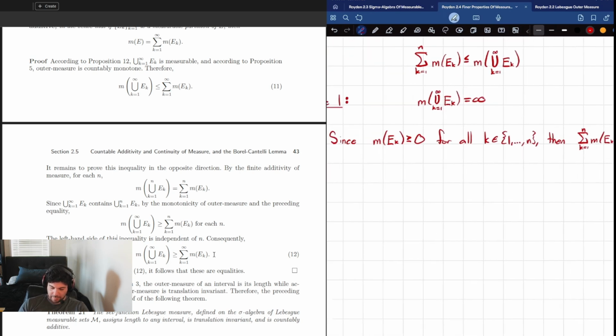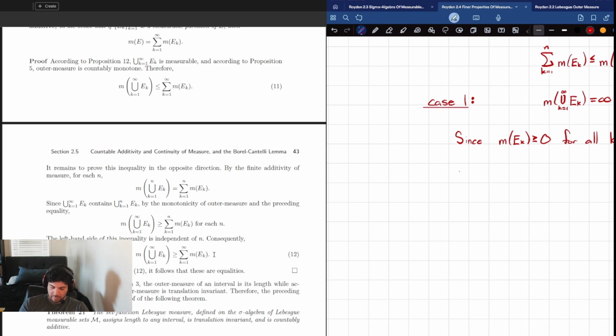And so this measure, the limit of the sequence of partial sums, is bounded between 0 and infinity.